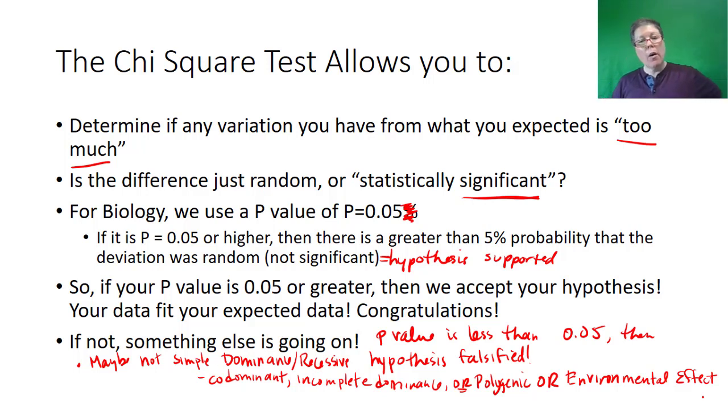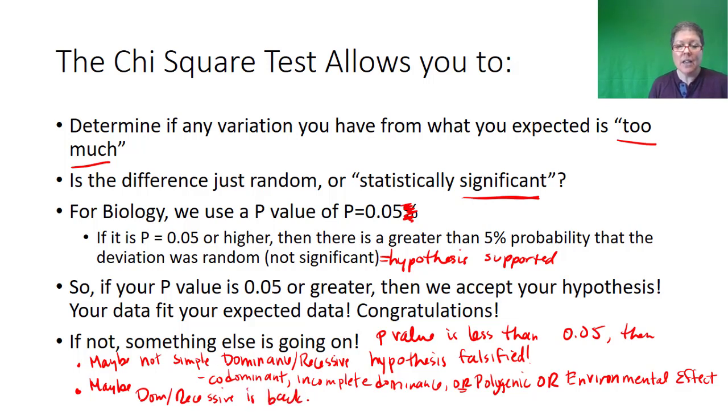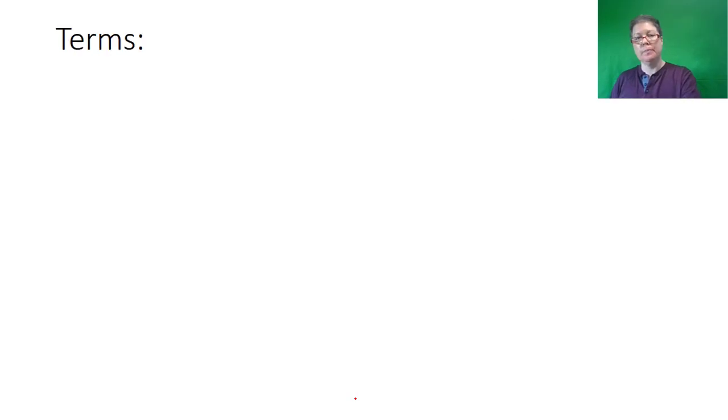So you need to think about what might be going on. The other thing is maybe you just have your dominant and recessive backwards. Right, so these are all things to think about if your data do not support your hypothesis. So if your data falsify your hypothesis, this is what a chi-square test allows us to do.